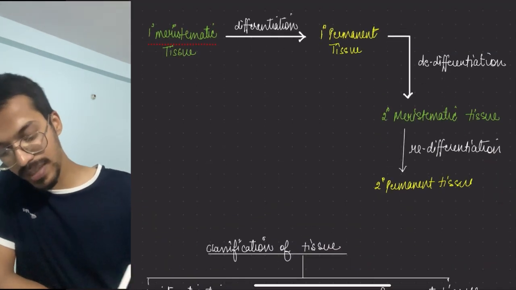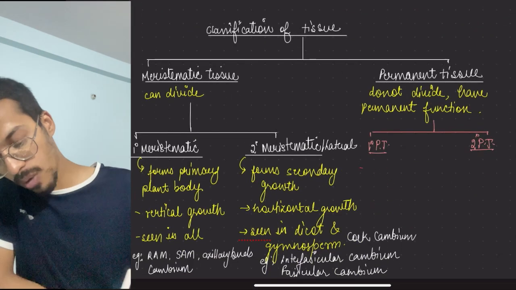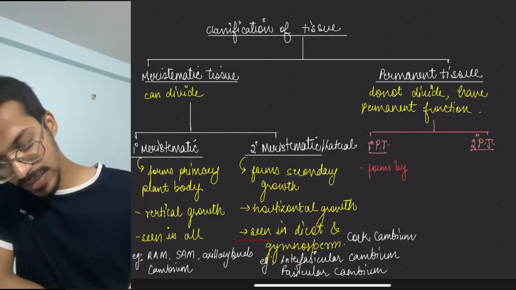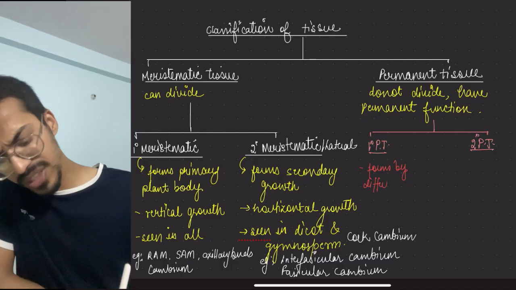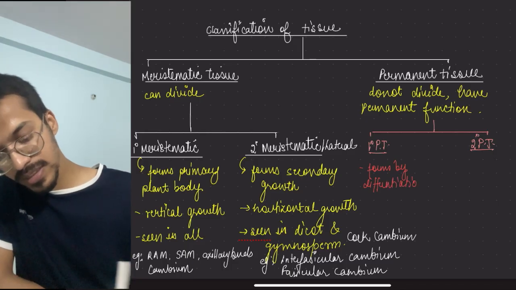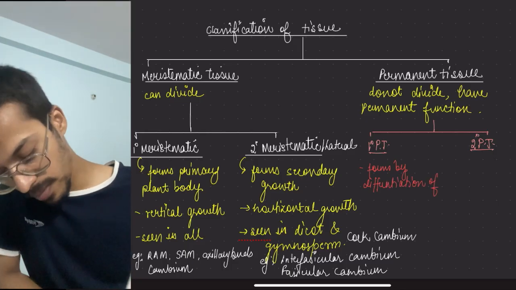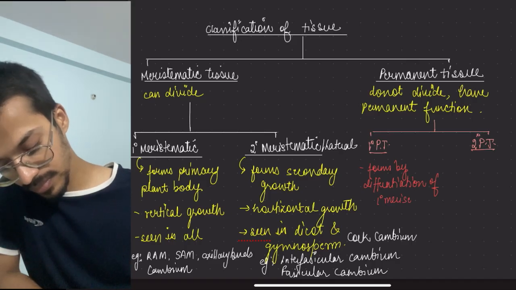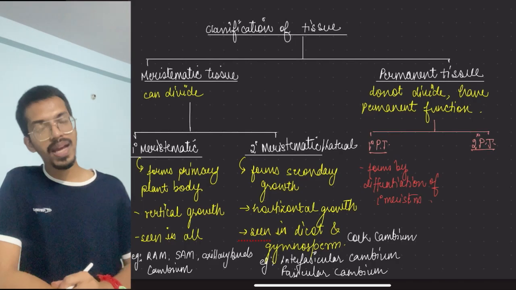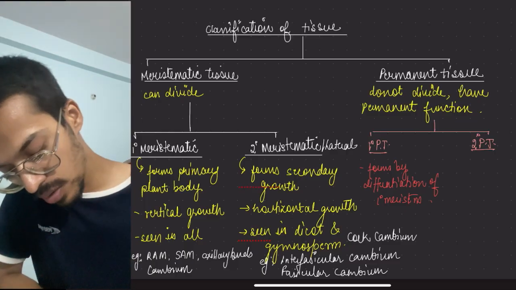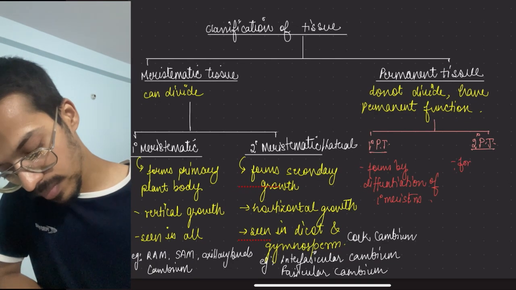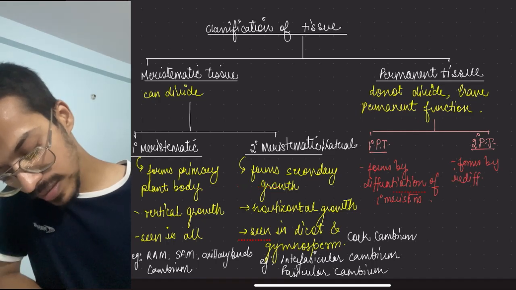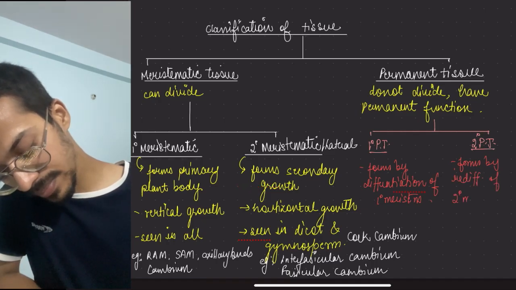It forms by differentiation of primary meristem, and secondary is formed by redifferentiation of secondary meristem.